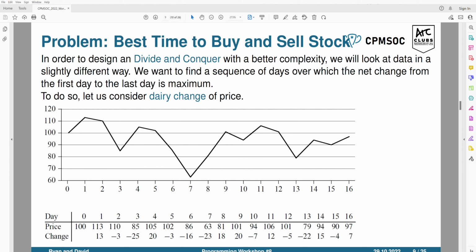Instead of looking for two dates that result in the maximum difference, we want to look at the direct change of the price instead of the price itself. The direct change of price is the change from the last day to today. For example, from day 0 to day 1, the net change is 13, which we refer to as the direct change of price.